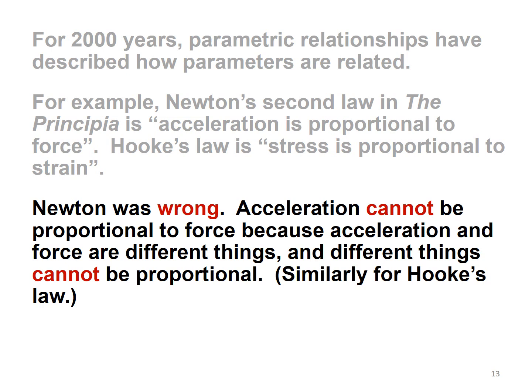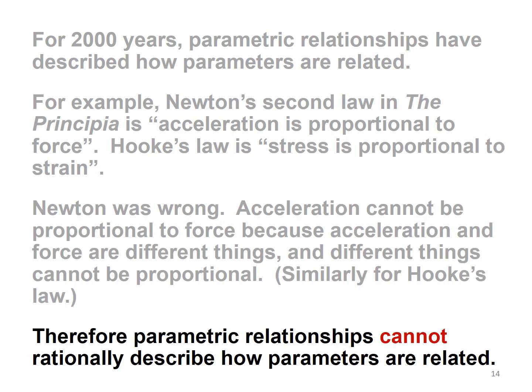Acceleration cannot be proportional to force because acceleration and force are different things, and different things cannot be proportional. And similarly for Hooke's law. Therefore, parametric relationships cannot rationally describe how parameters are related.